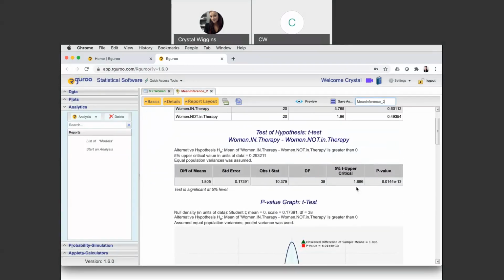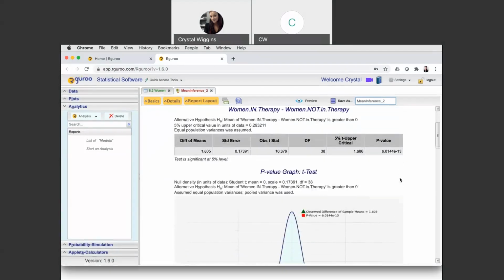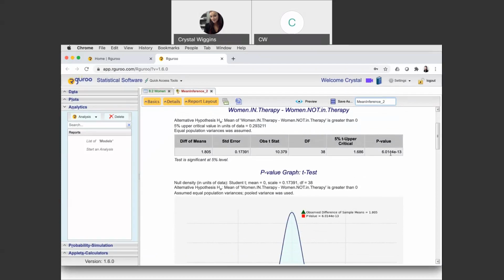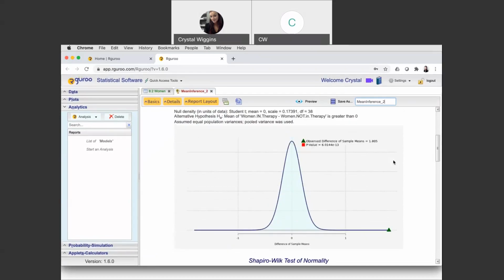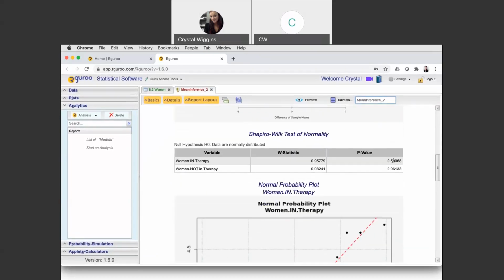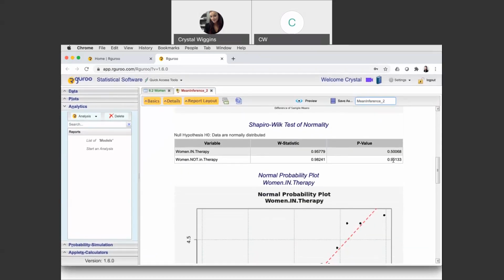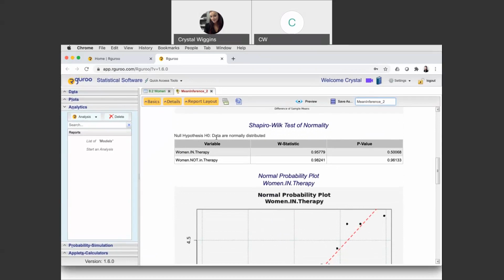So here's the test of the hypothesis, but before we can determine whether this is even an accurate depiction, we need to take a look at the other things that we selected. If we come down here for the test for normality, it says here, null hypothesis, we're assuming the data is normally distributed. And we can see with our women the p-values are very large, 0.5 and 0.96.